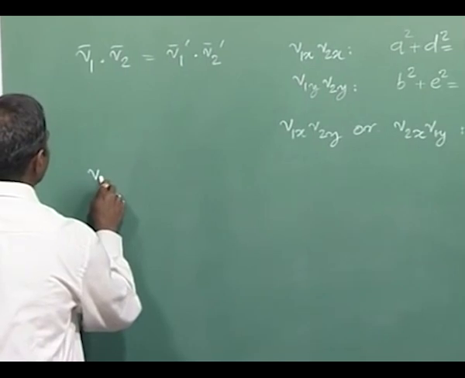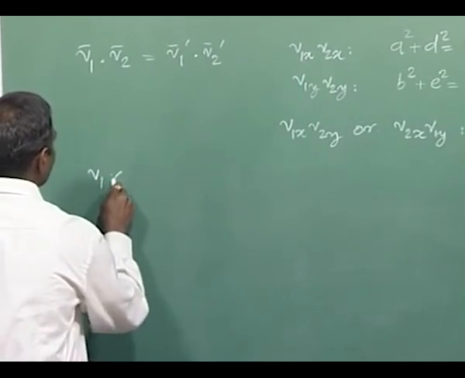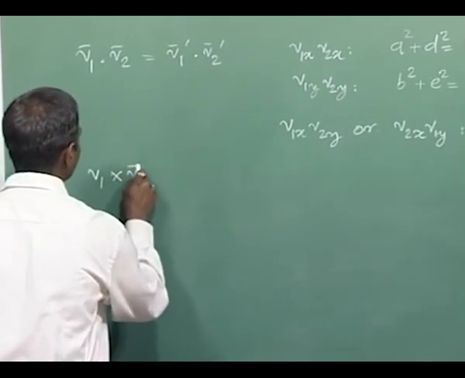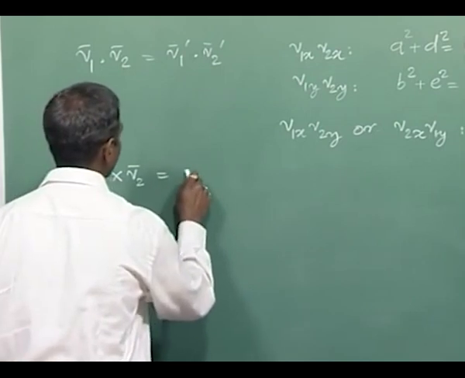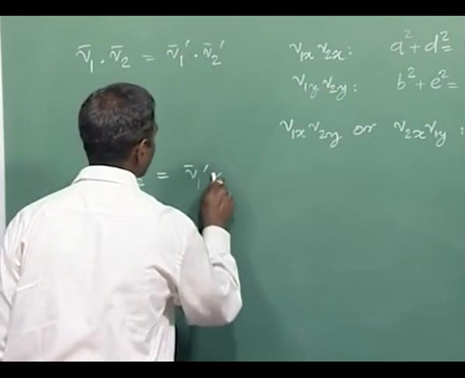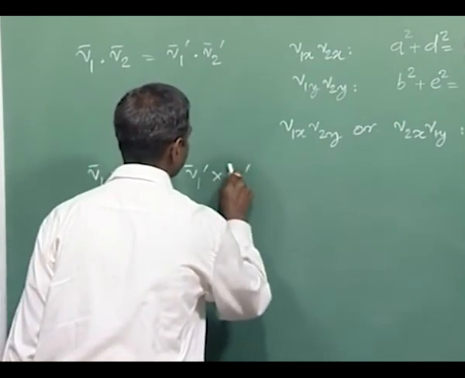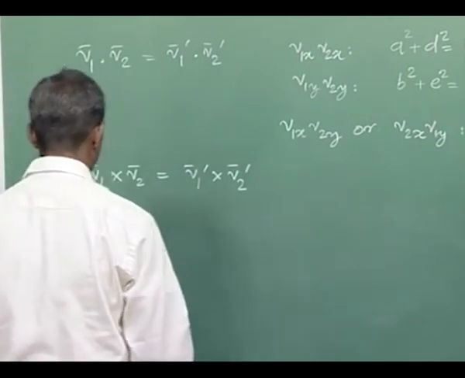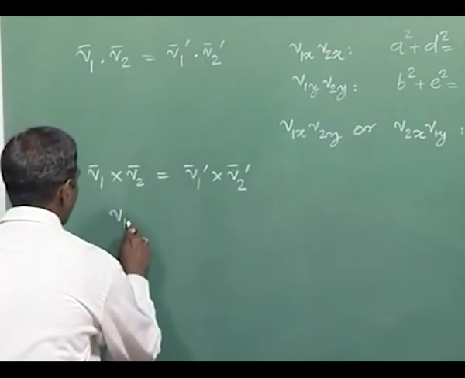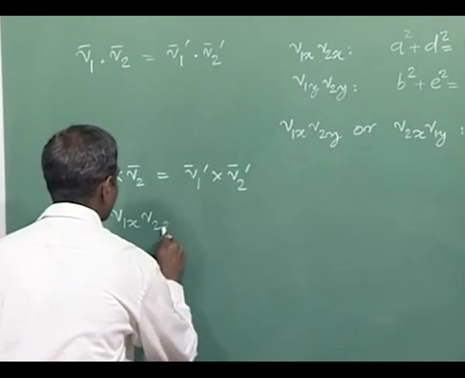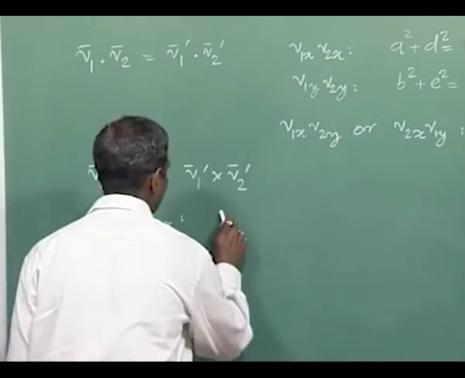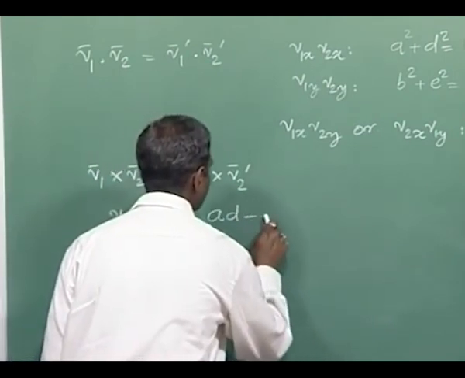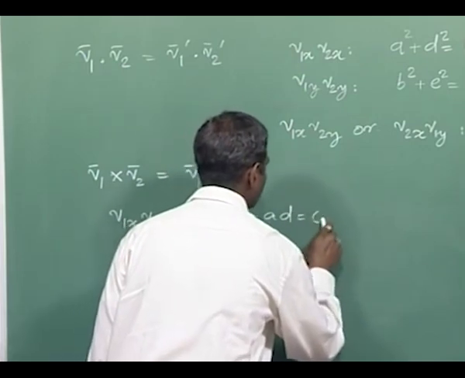If we use the cross product condition, v1 crossed with v2 equals v1 prime crossed with v2 prime. If we compare the v1x, v2x terms, we get ad minus ad as 0.